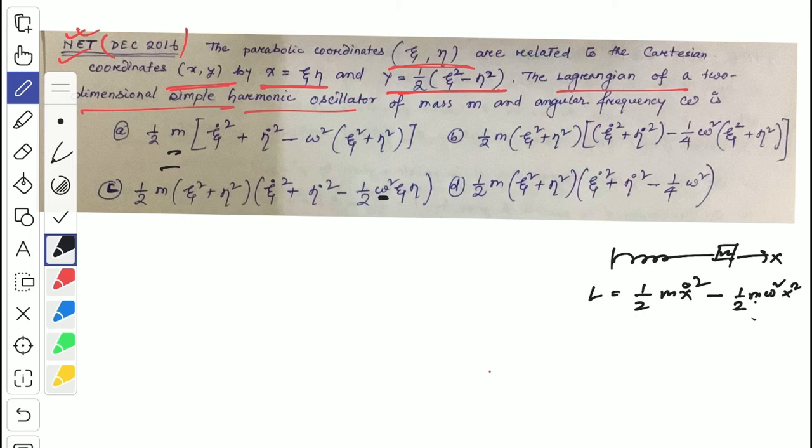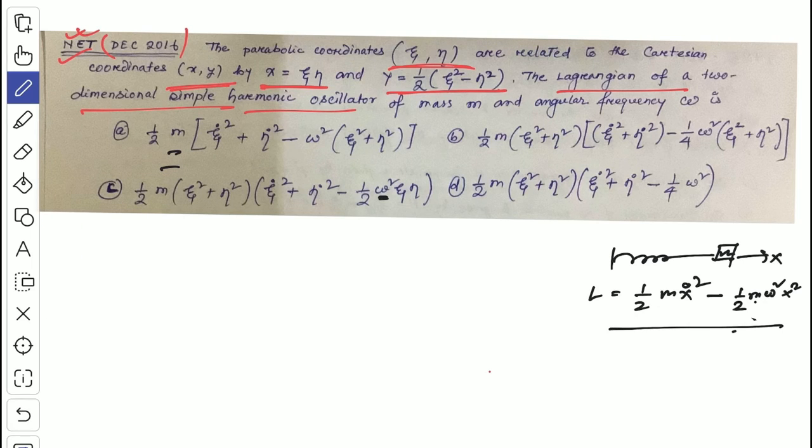All the options here contain omega square, so that's why I have expressed this in terms of omega. That means it was half m x dot square minus half k x square, where k is nothing but m omega square. So remember this.